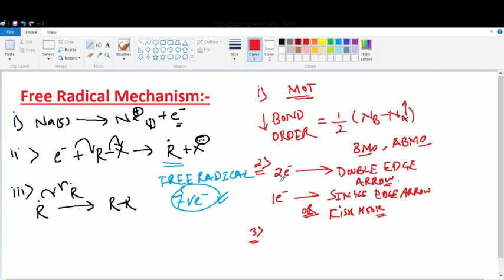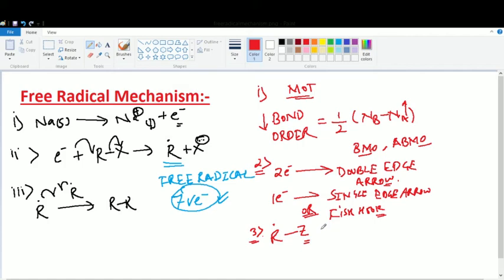According to this definition, we can say that a free radical is an electrophile. But this is not always true, because a free radical may act as an electrophile as well as a nucleophile. It totally depends on the group attached to the free radical, right?